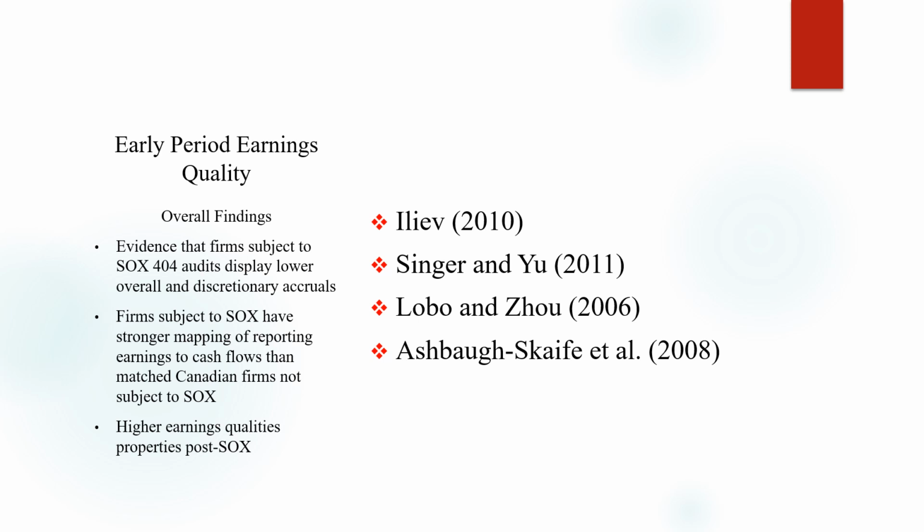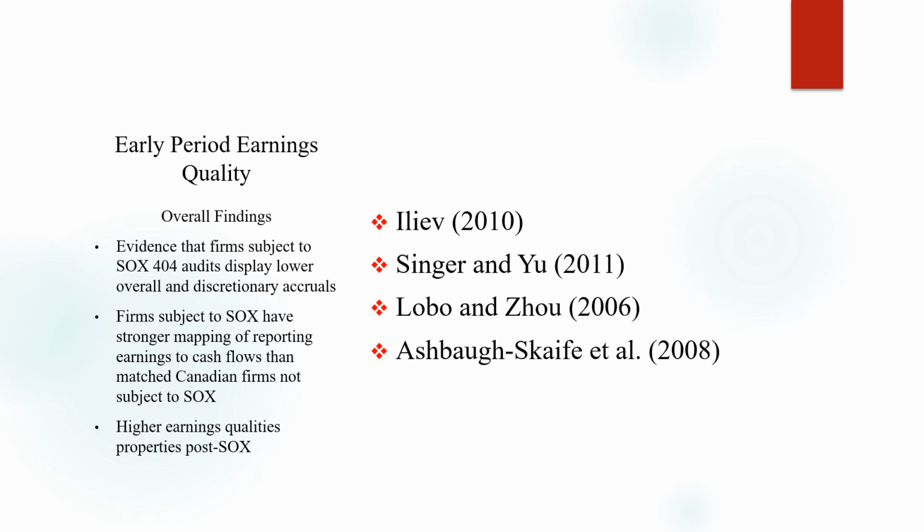Because Section 404 of Sarbanes-Oxley for the internal control reporting applies to firms which have a threshold of $75 million of value and above. Firms which are smaller than that are not required to report under Section 404. So what Iliev did is look at firms who are just above that $75 million threshold and firms which are just below that $75 million threshold. So firms which have to report under Sarbanes-Oxley Section 404 and firms that don't.